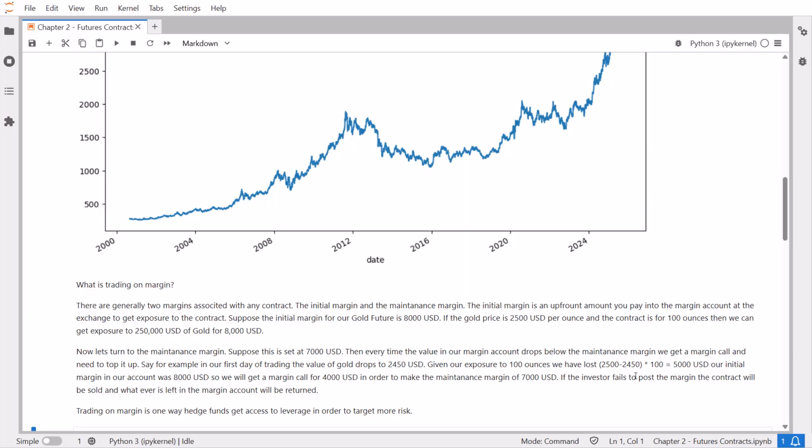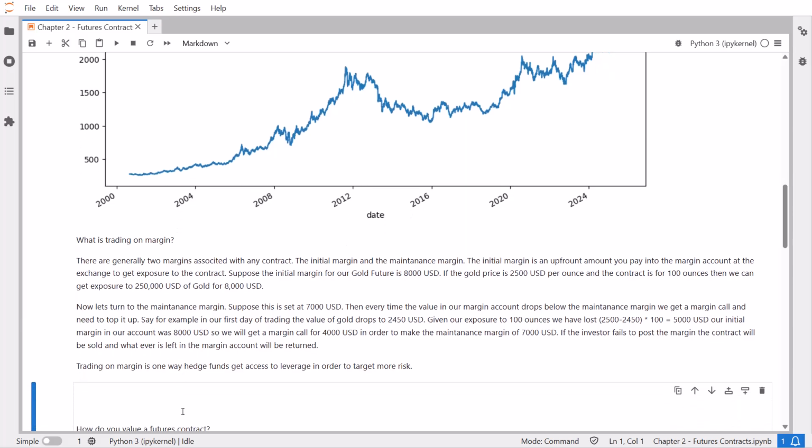And if the investor fails to post the margin, the contract will be sold and whatever is left in the margin account will be returned. So this trading on margin is one way that hedge funds get exposure to large amounts of risk and use leverage.